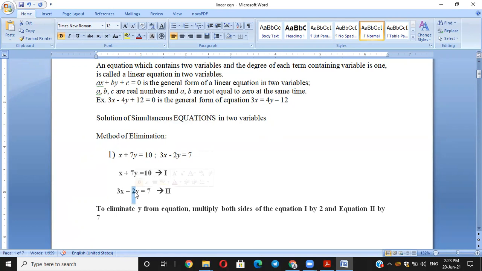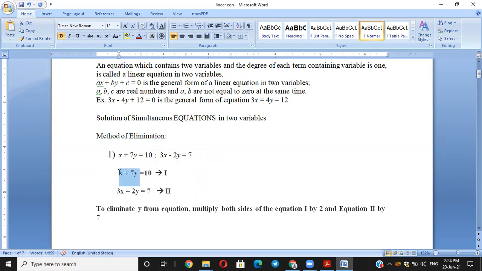Okay. Now understand that to make the y term in the first equation 14, I have to multiply 7y by 2. But it is not allowed because this is an equation. Equation means it contains an equality term, right? We have two sides to the equation, the left hand side and the right hand side.